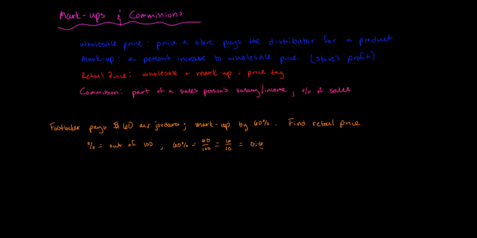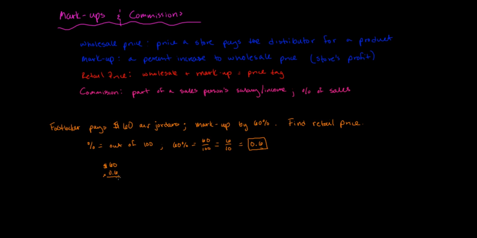So our actual percent to a decimal is 60% is equal to 0.6. And now I'm going to multiply this 0.6 and this $60 together. Remember, decimals don't need to line up here because we're multiplying. If we were adding, it would be different, but we're not.